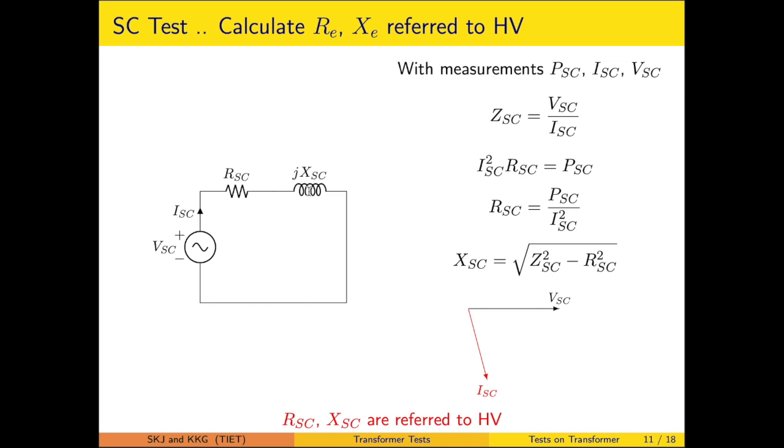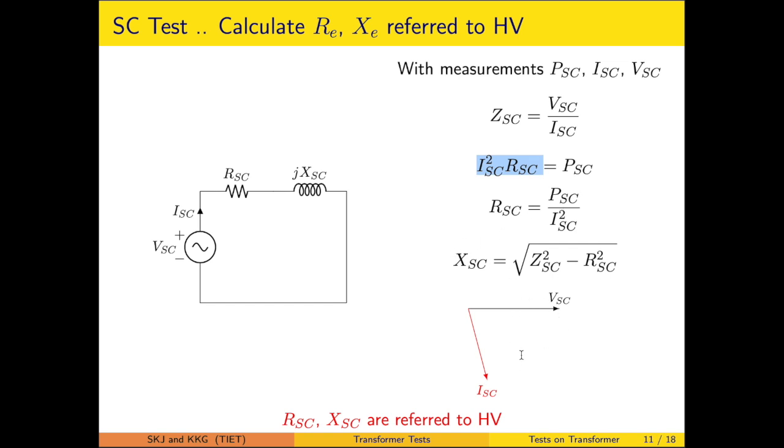So RSC and jXSC we will be evaluating with the help of PSC, ISC and VSC. ZSC is evaluated as the voltage divided by the current. Similarly, this is a series element, so the I square R analogy is used to calculate the RSC, and then XSC is evaluated likewise.